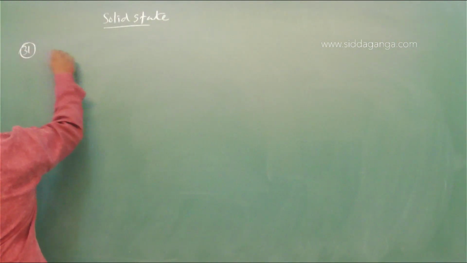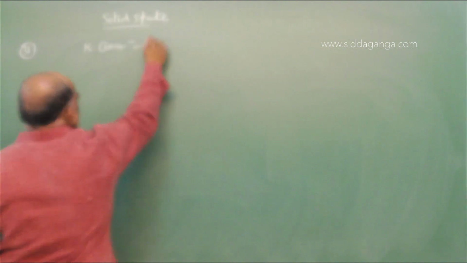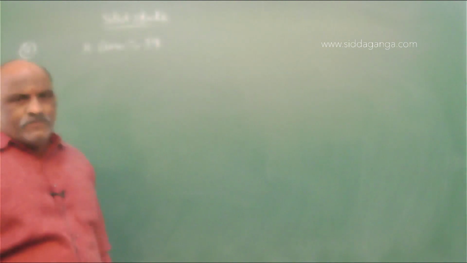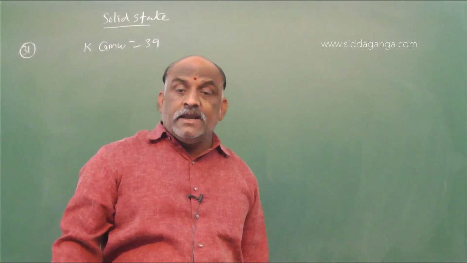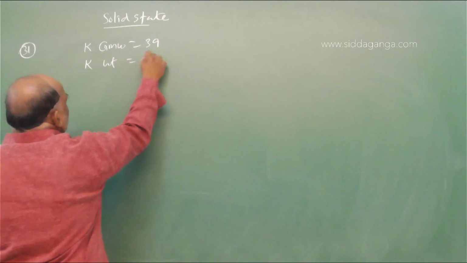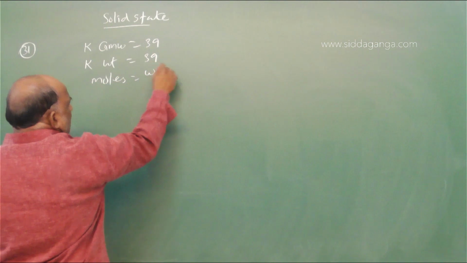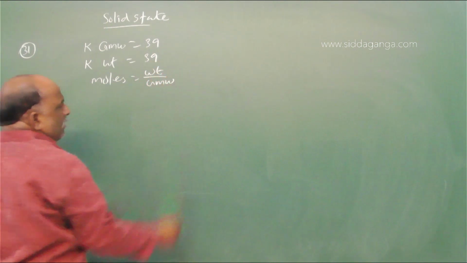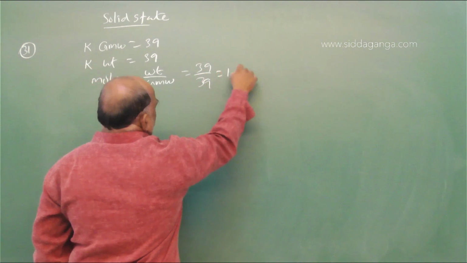The weight of potassium given is 39, and moles is equal to weight divided by gram molecular weight, 39 divided by 39.